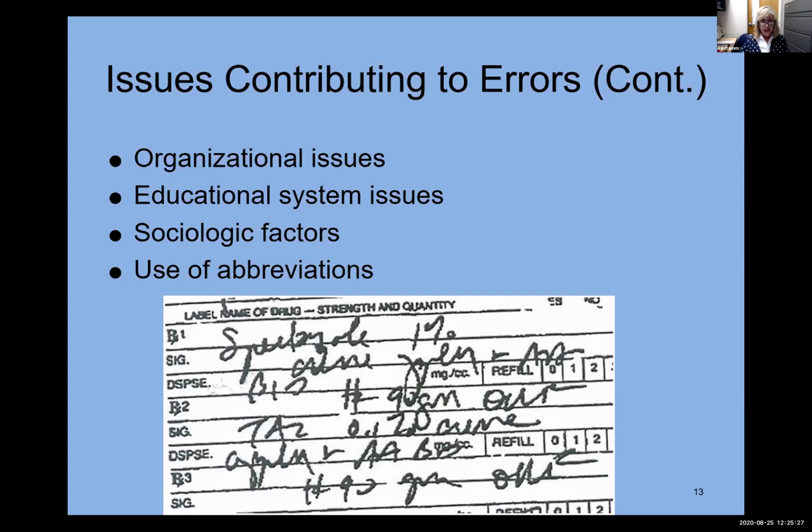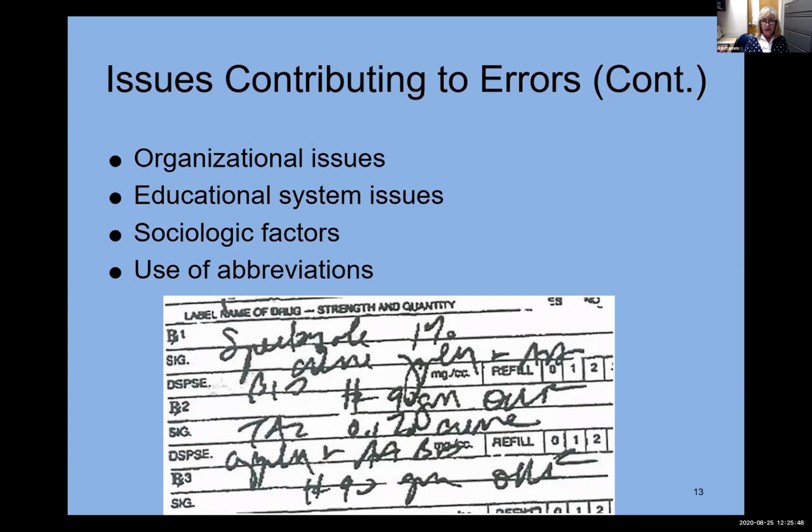My suggestion is don't use abbreviations if you don't have to. You're going to have to know the abbreviations because people are going to speak them to you. You know, they're going to say, we're going to do this BID, or we're going to do this TID, or HS, hours slept. So you have to know the abbreviations.